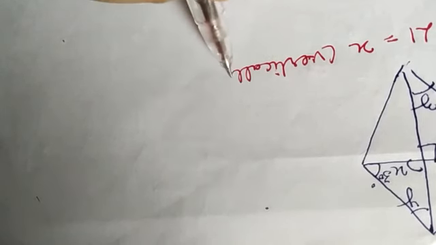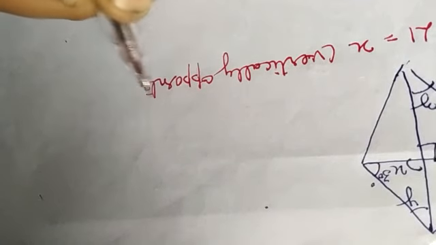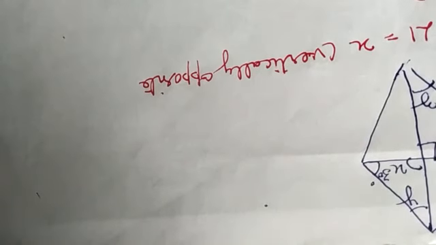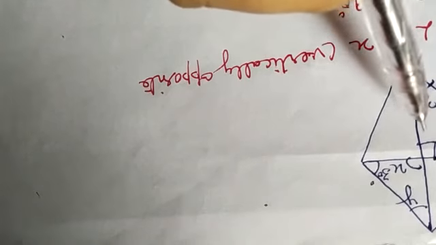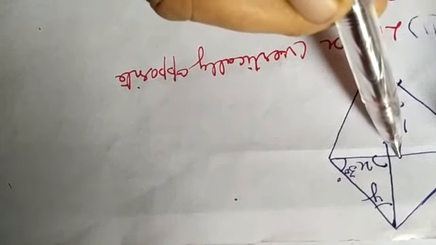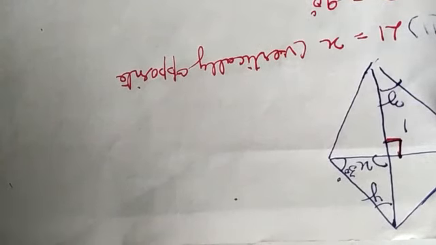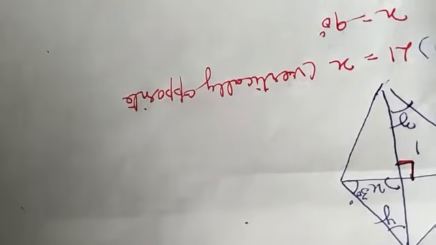Angle 1 is equal to angle x because both are vertically opposite angles. So angle x will also be 90. This mark is given here, so this stands for 90.